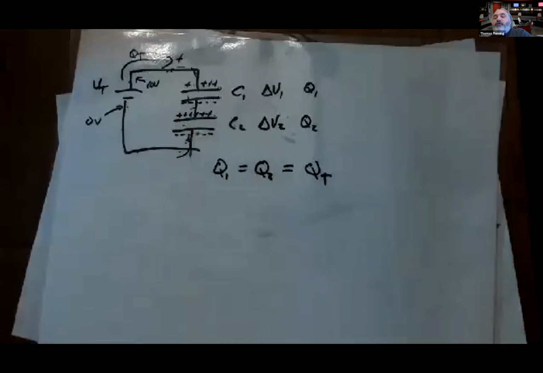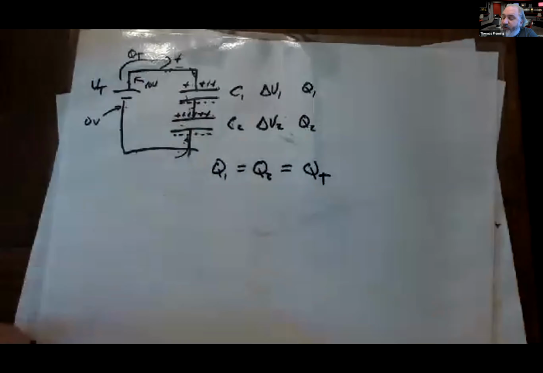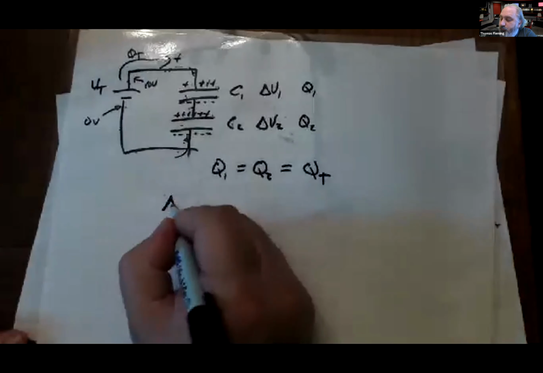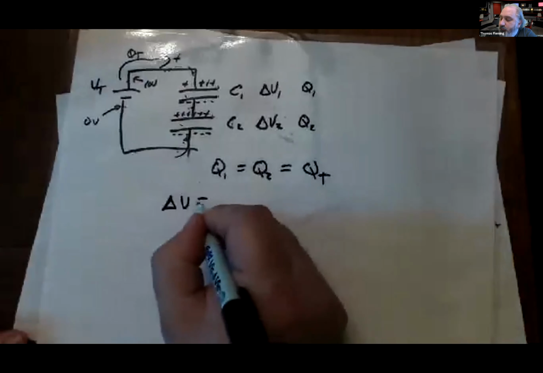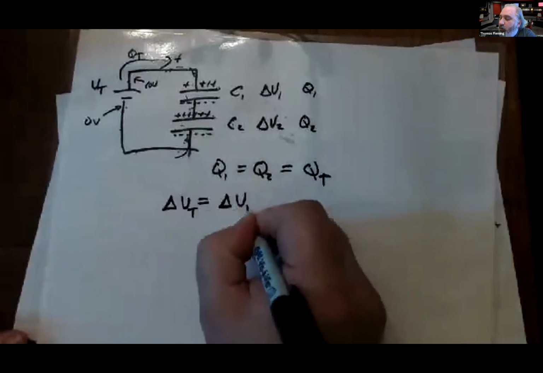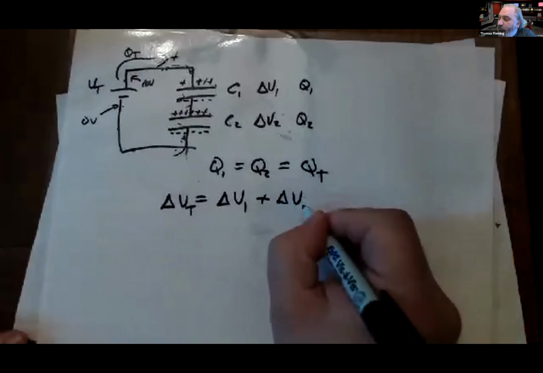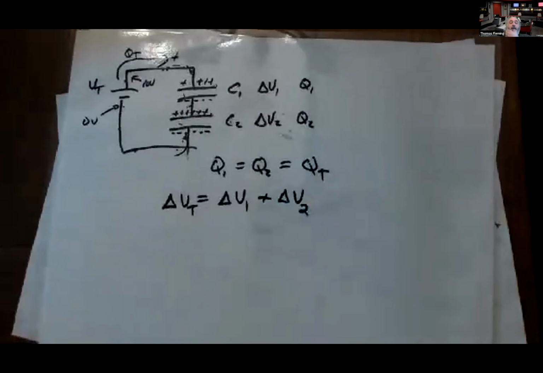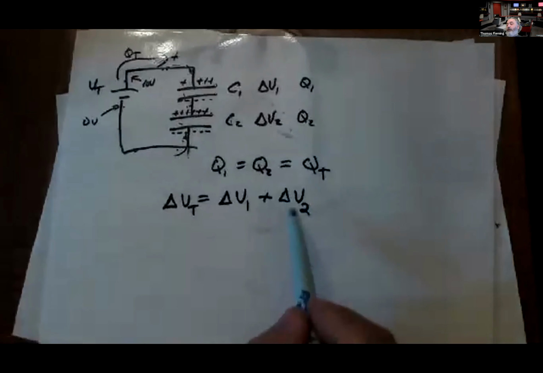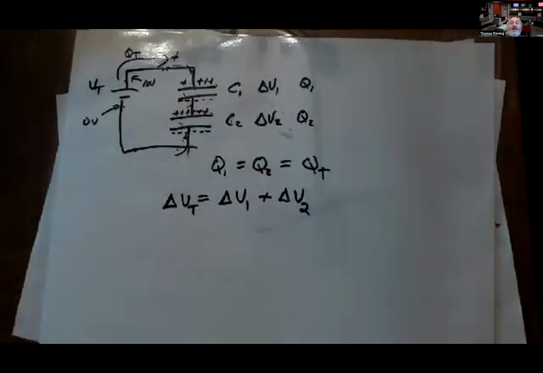So the conclusion we have to draw from that is that whatever the voltage of my battery is, delta V total, it's got to equal the voltage drop across the first capacitor plus the voltage drop across the second capacitor. I can add those two voltages together. They will have to add up to the full, say, 10.